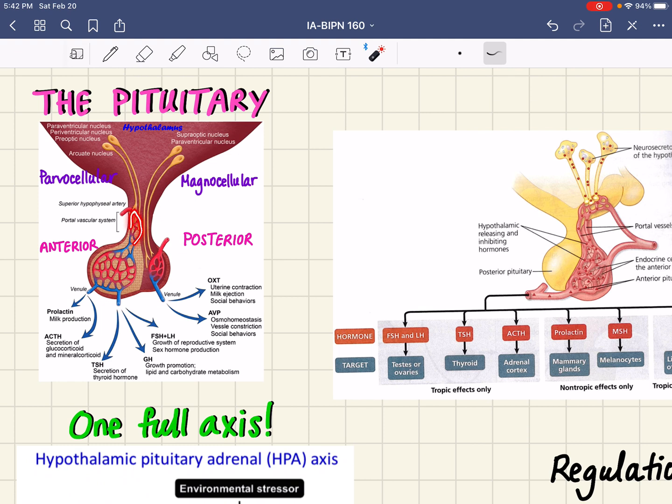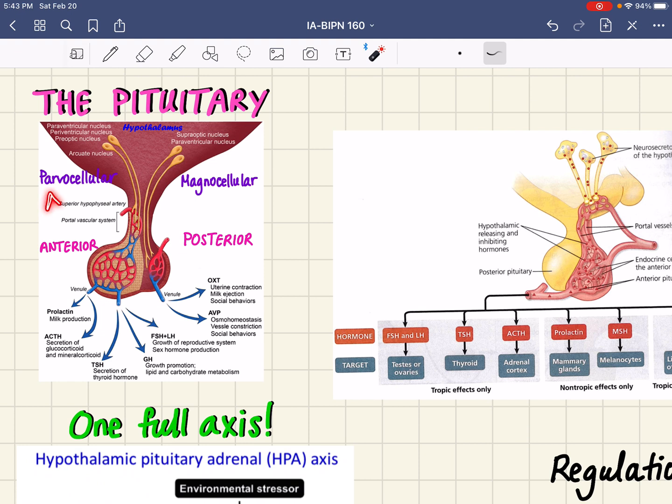So in this vein and artery network, those hormones flow in the blood into the anterior pituitary, and they activate cells that are in the anterior pituitary. Then those cells are able to release other hormones that are put into the blood through this venule, or put into the body. Okay, I'll explain that a little more in the next picture.